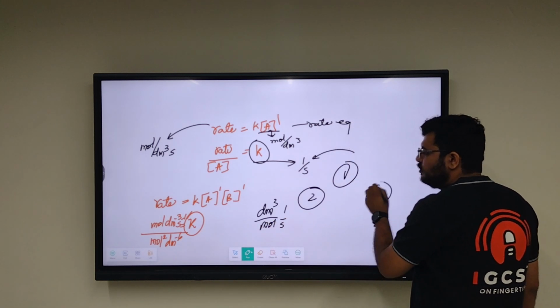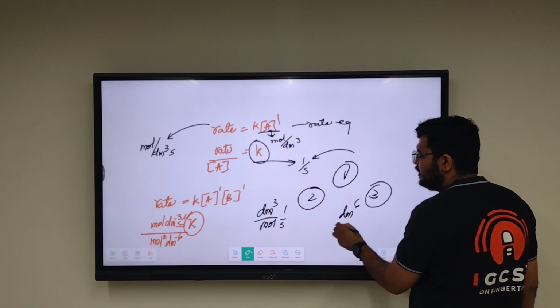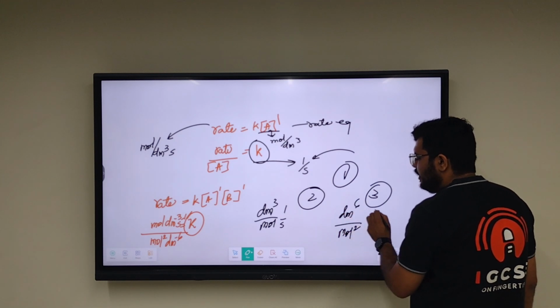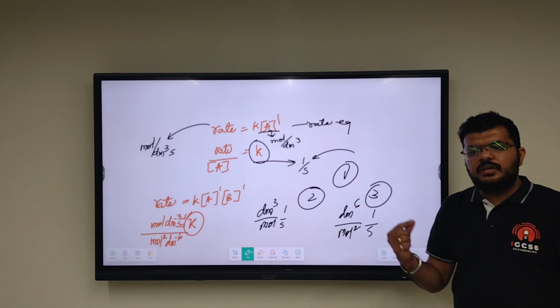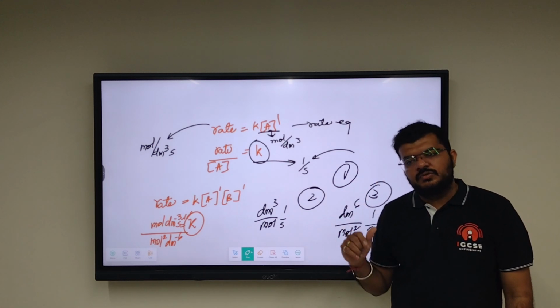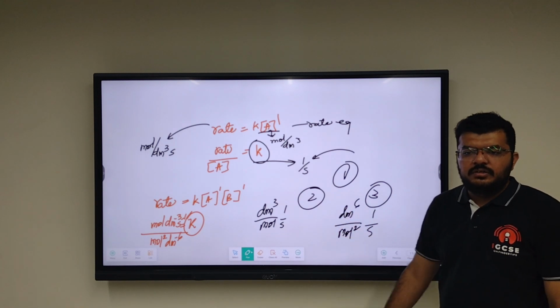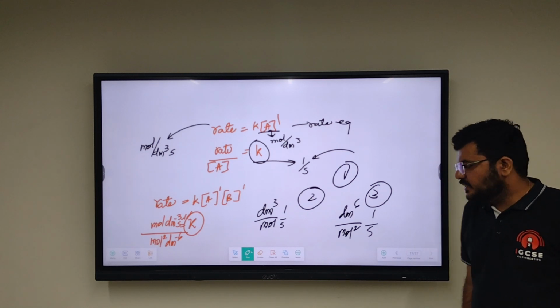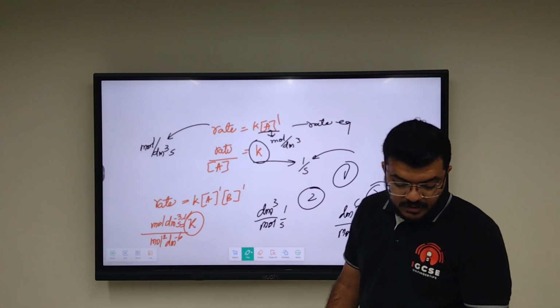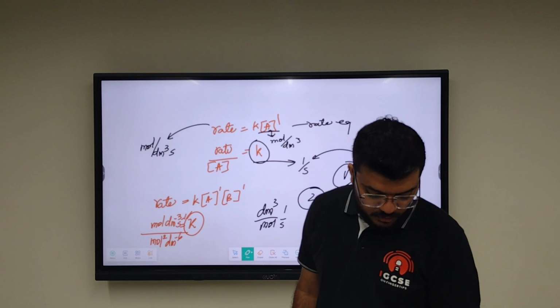When it is 3, you can calculate and find out this will be dm6 per mole square per second. So if you know the overall order, even without calculation, you can still find out the units of the rate constant. Make sense? Yes.